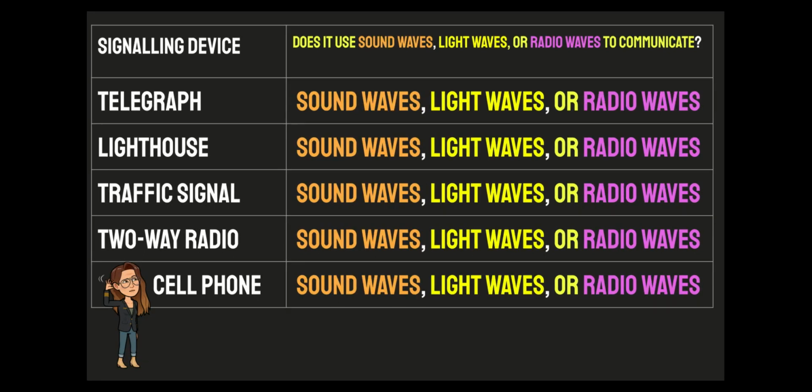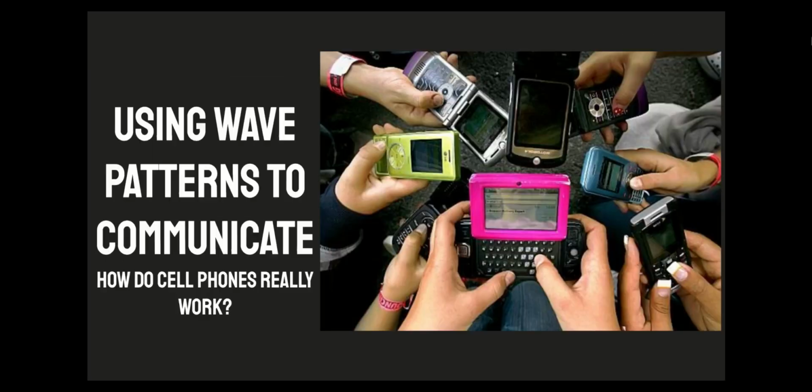As you look at how each device works, ask yourself, do I hear anything? Do I see light? Or is it something that's a little bit more mysterious that I can't figure out exactly? If so, it might be radio waves. We'll talk more about that in just a second.